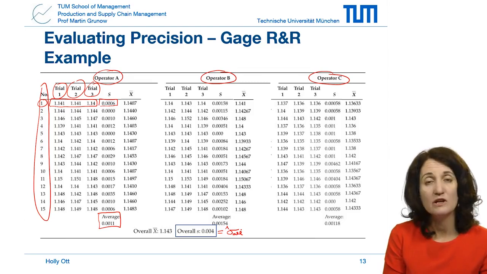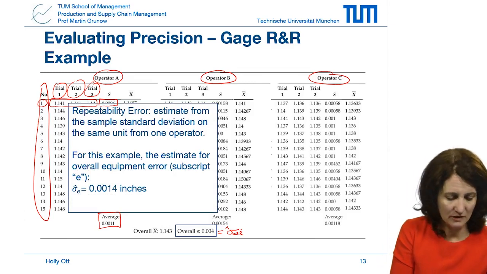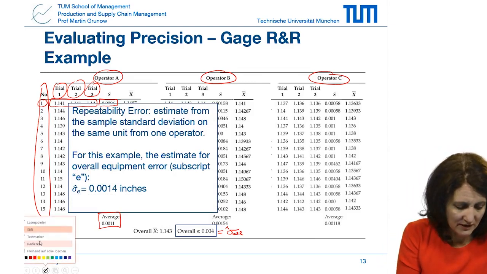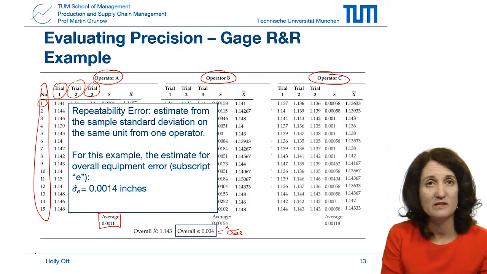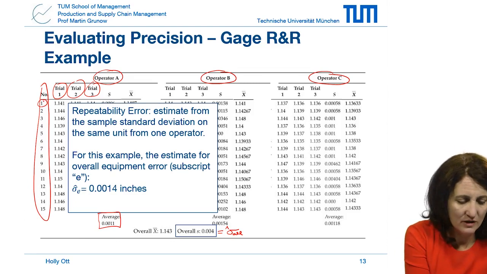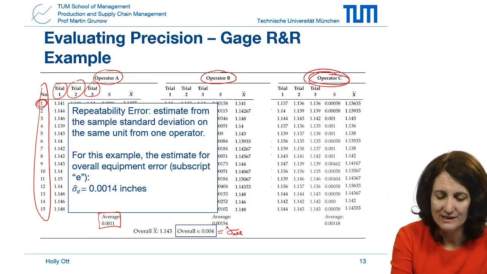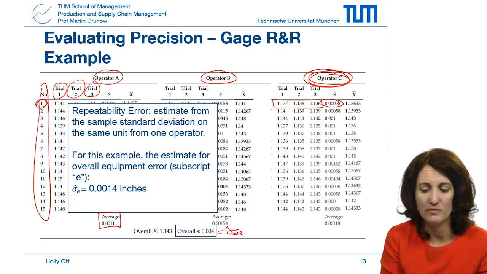We can also calculate the repeatability error. We're not doing it here, this is in the book. Again, it's the estimate from the sample standard deviations on the same unit from one operator. So for example, for unit number 1, operator C, we can estimate the sample standard deviation for that one part by that one operator.